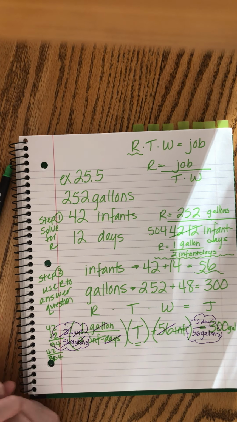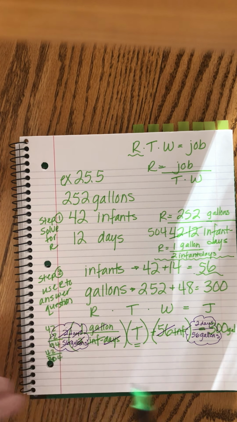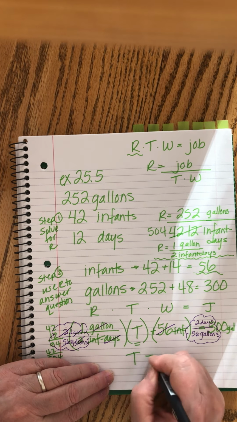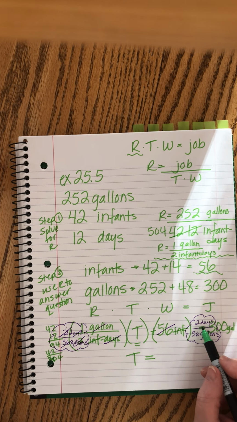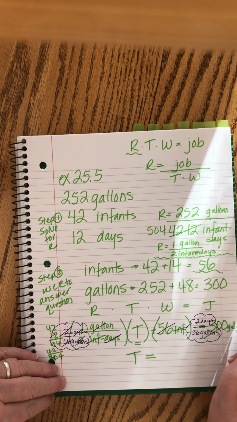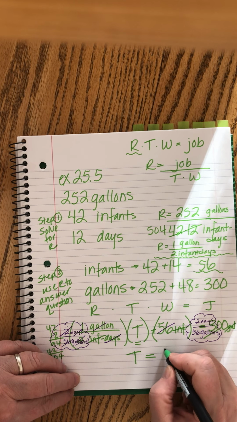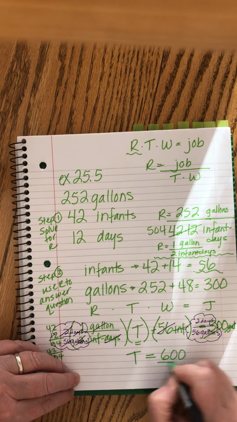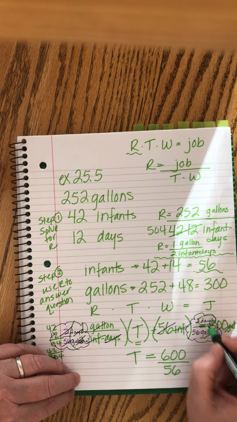All right. Now, I've got t by itself. Two days times 300 gallons. The gallons will cancel, and it will be 2 times 300, which is 600, over 56, and days is our final unit.